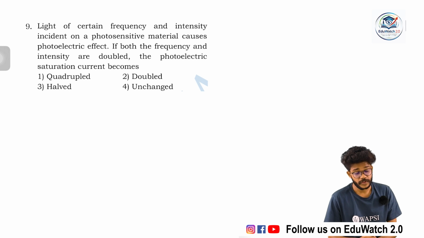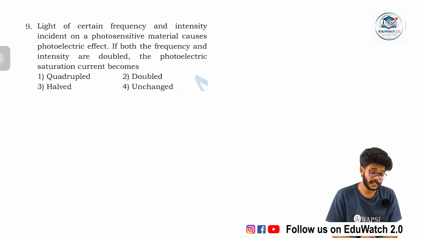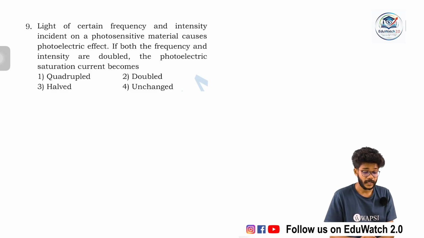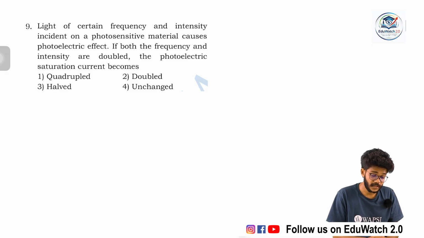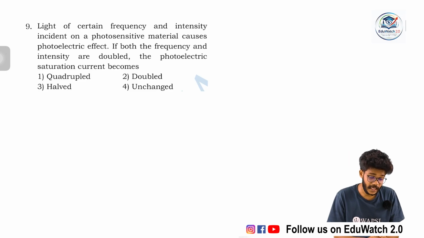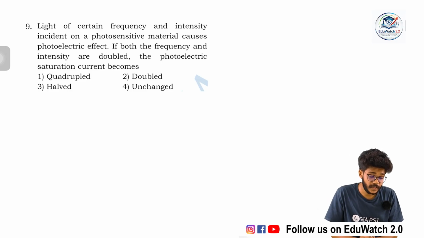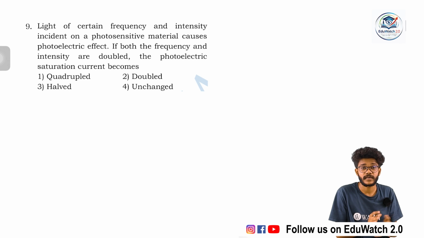So moving to the 9th question. Light of certain frequency and intensity is incident on a photosensitive material causing the photoelectric effect. If both the frequency and intensity are doubled, the photoelectric saturation current becomes what?